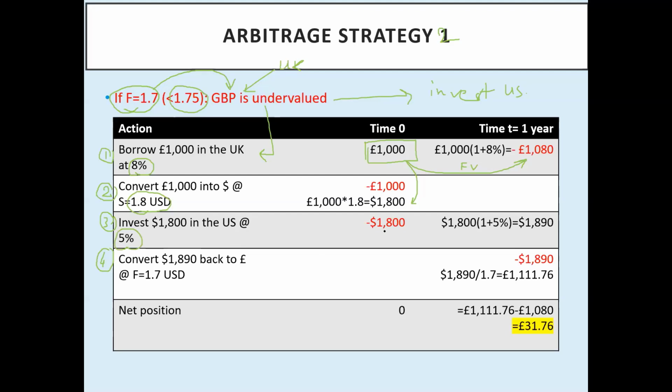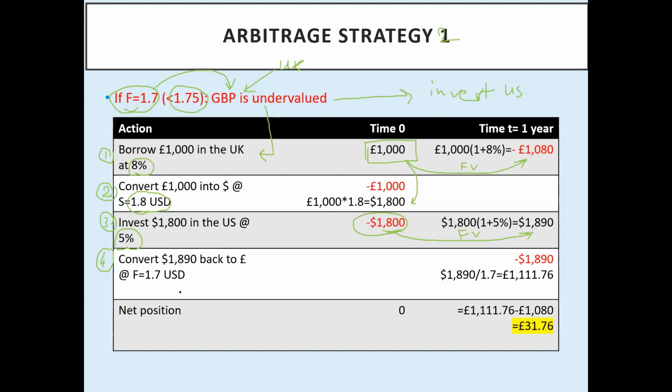Here, if I invest, I will be giving the money to the US government first, so I'll be buying the US government bond. And then I expect to receive the future value of it. So this is a future value calculation.